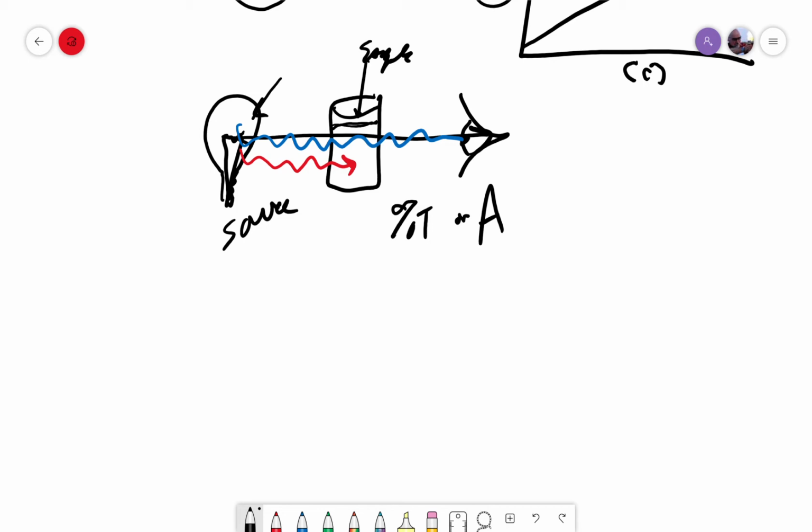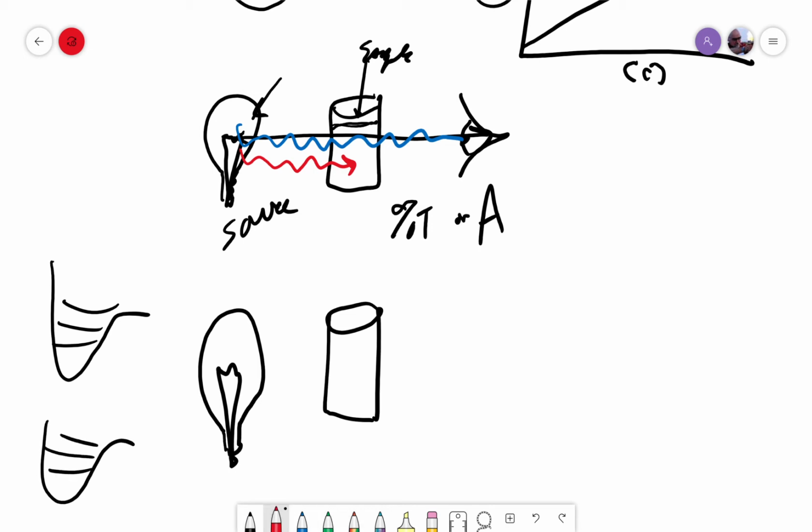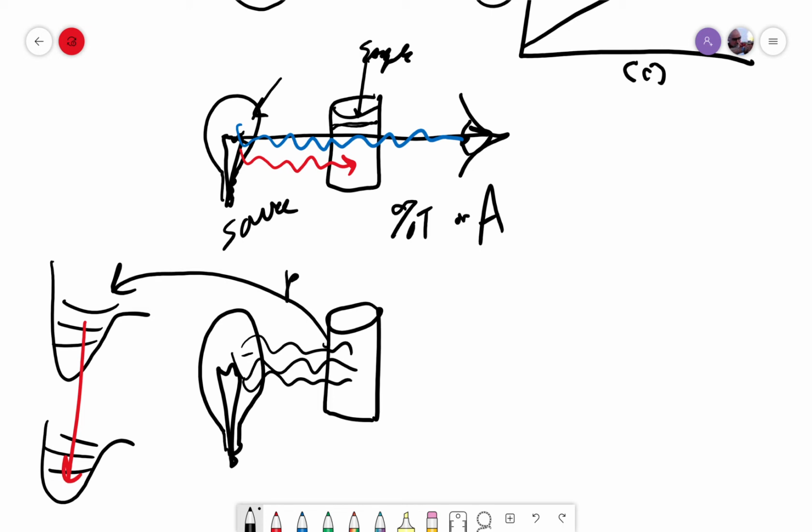Fluorescence, the source has a different purpose. In fluorescence, what you want to do is just observe how much light is being emitted. So the purpose of the source in a fluorescence experiment is really just to populate the excited state.